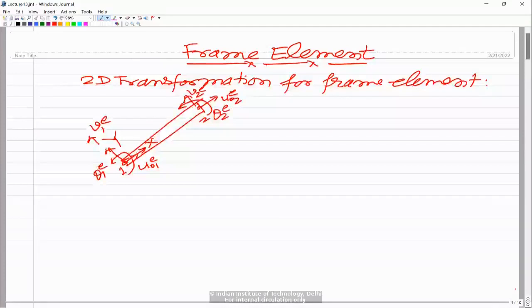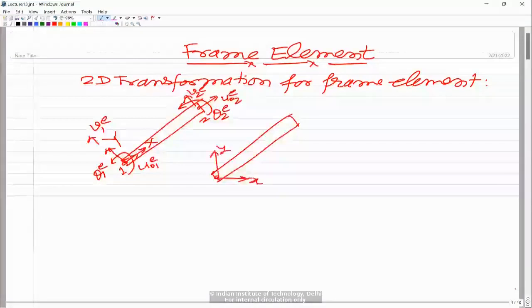The same thing, if you talk in terms of the global coordinate axes: the global axes are, let us say, small x and small y, and the local coordinate axes are capital X and capital Y. The degrees of freedom in the global coordinate system are U1e, then along the y direction V1e, and theta 1e.